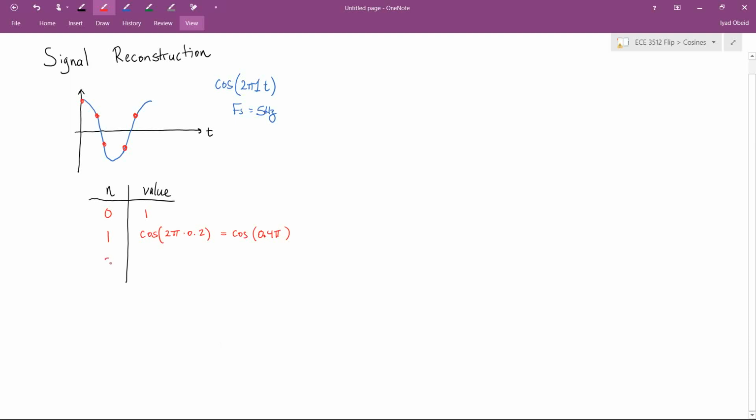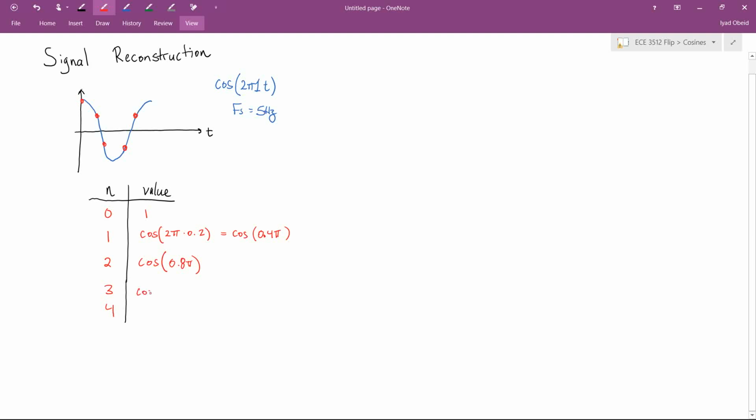Then I'm going to continue that for 2, 3, and 4. Let's finish out the period. This will give me cosine of 2 pi times 0.4, so that's 0.8 pi.